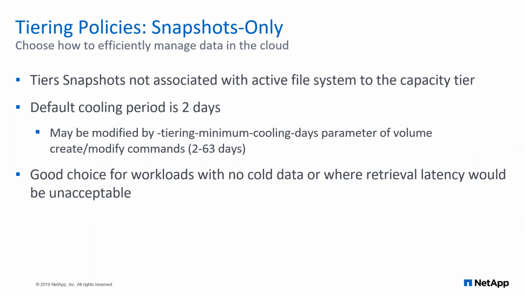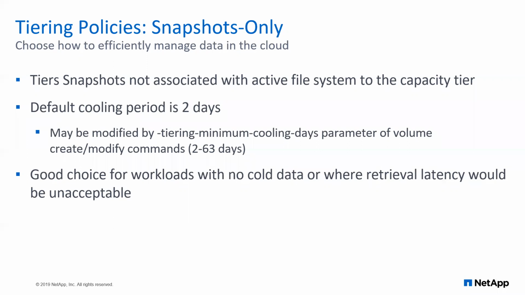The range is 2 to 63 days, and you'll actually use the tiering minimum cooling days parameter, and you can use that in conjunction with the volume create or volume modify commands. By the way, this is kind of implied, but you can only change the cooling period by connecting to the ONTAP CLI. There's no way to do this in the interface currently.